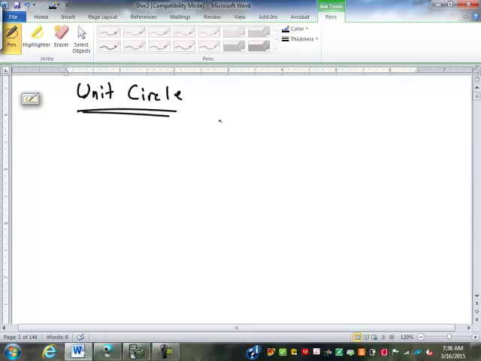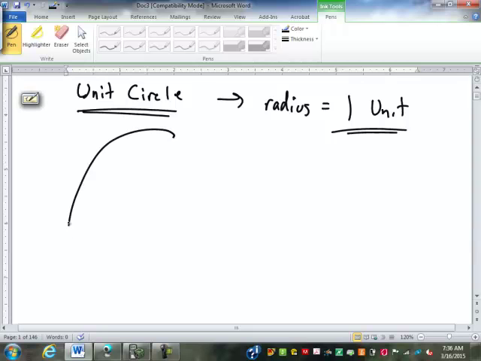A unit circle is nothing more than a circle with a radius equal to 1 unit. What unit is it? Doesn't matter. 1 inch, 1 centimeter, 1 astronomical unit, 1 atomic unit, whatever. It doesn't matter what that length is. It is just 1 unit of whatever unit you choose to use. So, let me create a circle here.